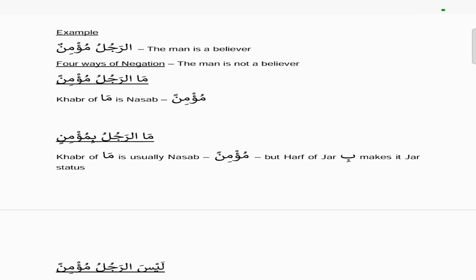But again, the bi or harf of jar, we won't include in the translation the word "with". So we're not going to say, the man is not with the believer or something like that. It's not like that. The bi is simply for emphasis. So in this case we would just say the man is absolutely not a believer. So you can use words like that to emphasize the negation.